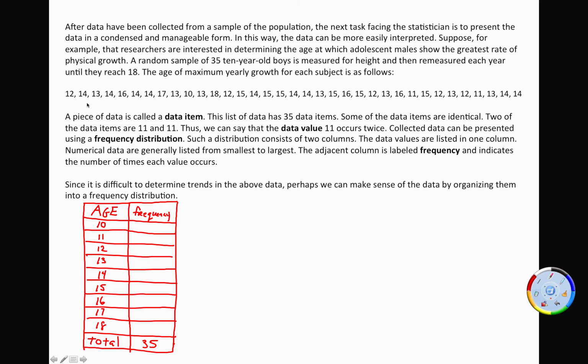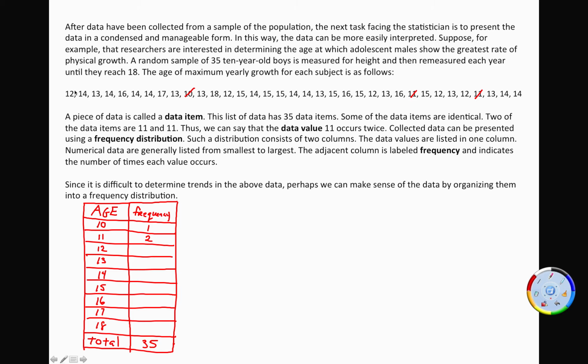Now, 10. I'm going to see how many boys were 10 when they had their biggest growth spurt. Just one. How about 11? 1, 2 boys were 11.